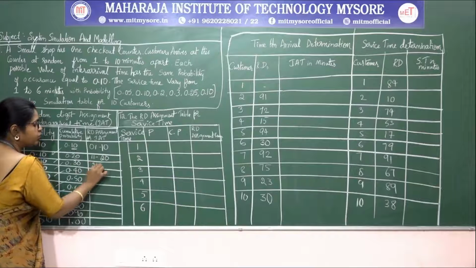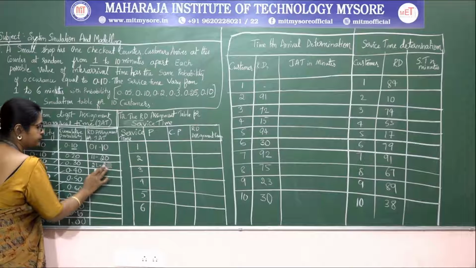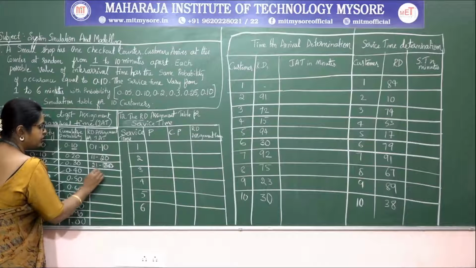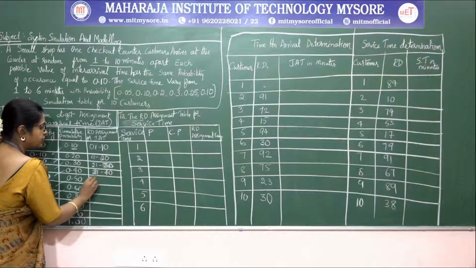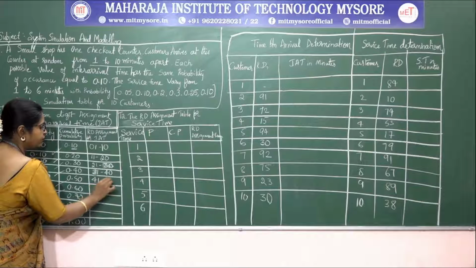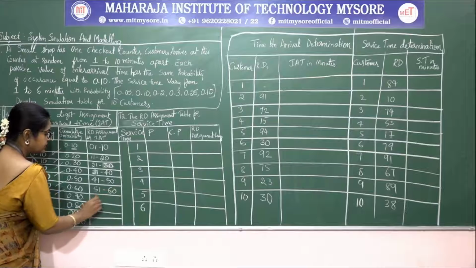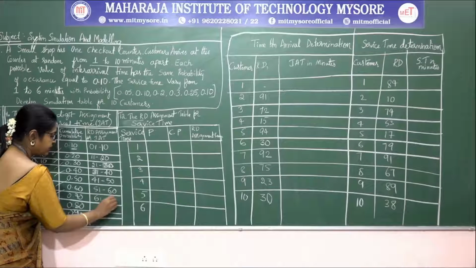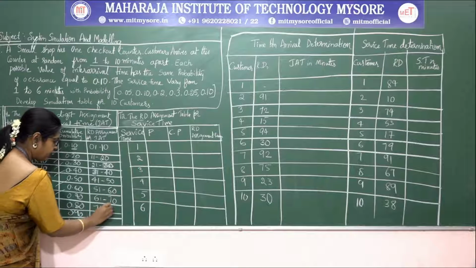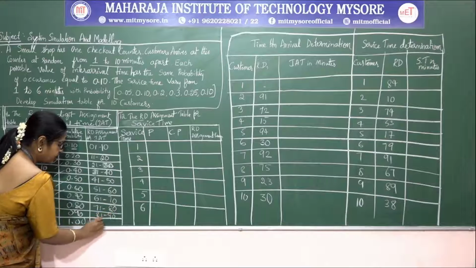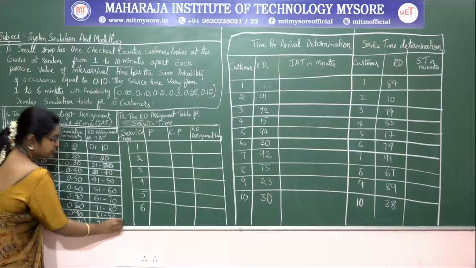Next 21 to 30, and then 31 to 40, 41 to 50, 51 to 60, 61 to 70, 71 to 80, 81 to 90, 91 to 0.